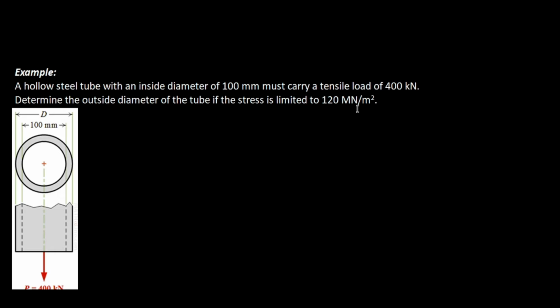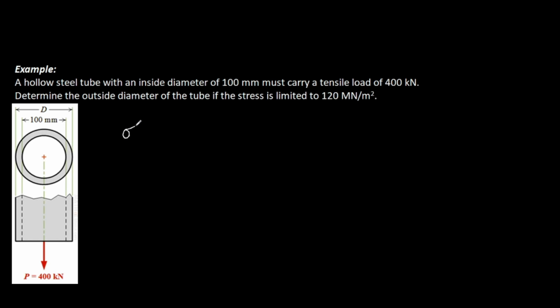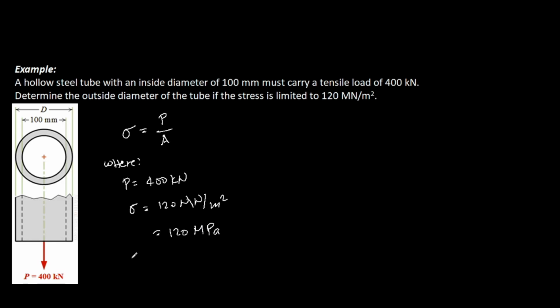So the formula for our normal stress, sigma, is equivalent to P over A, where P is equivalent to 400 kilonewton, and the stress, sigma, is equivalent to 120 meganewton per meter squared, which is equivalent to 120 megapascal, wherein Newton per meter squared is equivalent to Pascal.